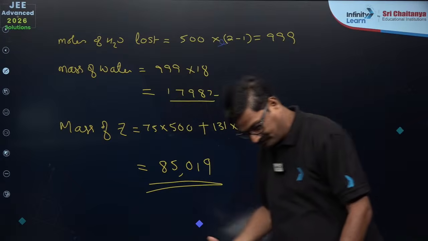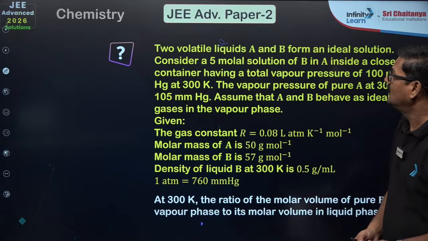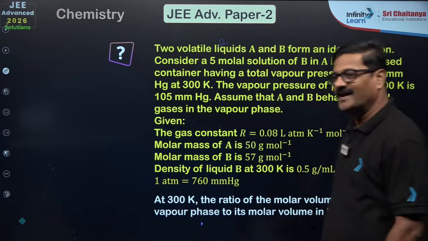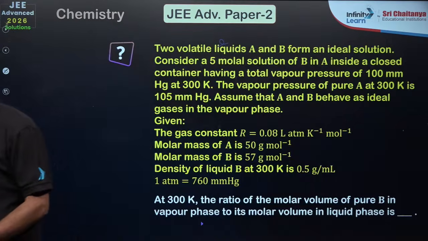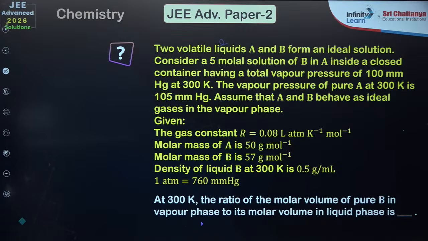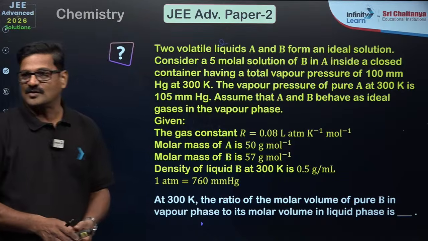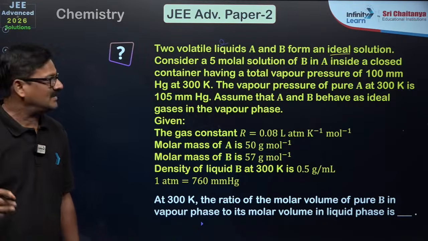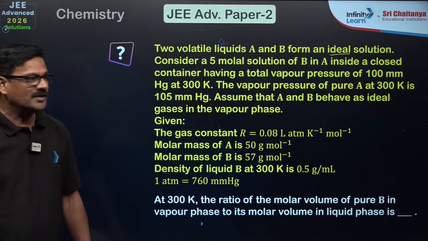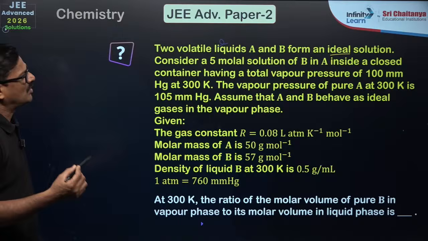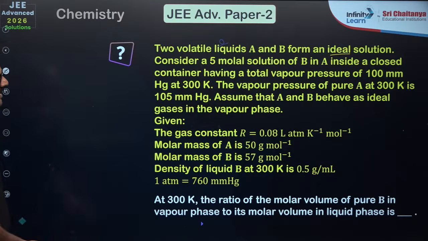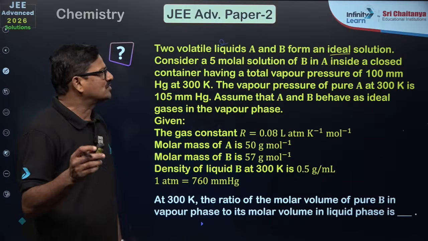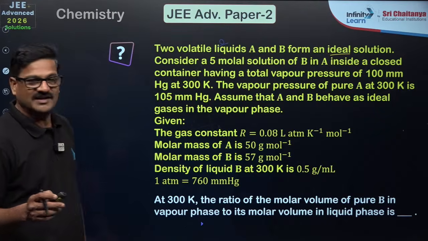Next, two volatile liquids. Again it is coming to Raoult's law. Two volatile liquids A and B form an ideal solution. Once it is given as an ideal solution, you have the liberty to go with Raoult's law. Consider a 5 mole solution of B in A inside a closed container having a total vapor pressure of 100 mmHg at 300 Kelvin.